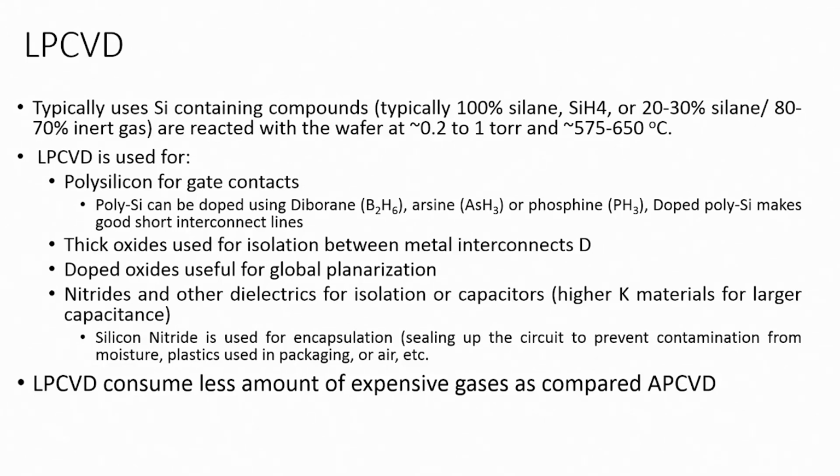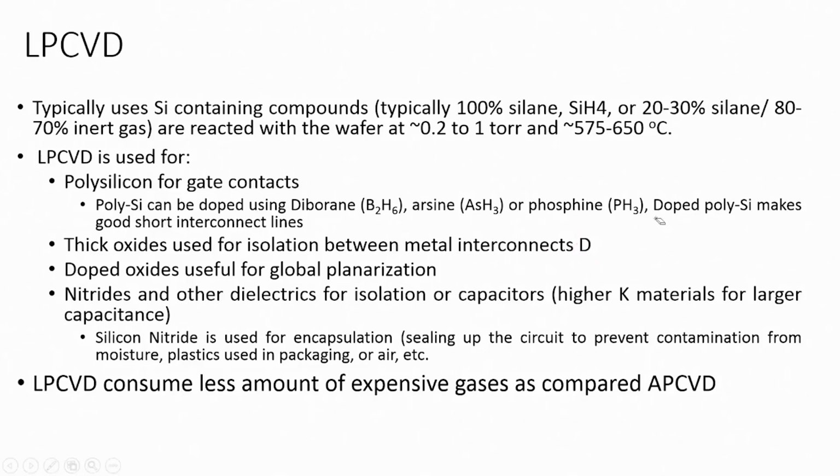Polysilicon can be doped using diborane or arsine, right, B2H6, AsH3, or phosphine, which is PH3. Doped polysilicon makes good short interconnect lines, right, we know it. Thick oxide used for isolation between metal interconnects is also deposited with LPCVD, right.